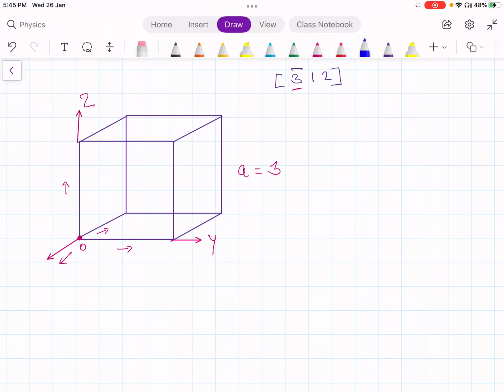We have to travel a distance minus 3 along the x-axis. Our A is 3, so this complete distance we have to travel. Show the arrow, and you reach at this point. From this point, you have to travel a distance 1.